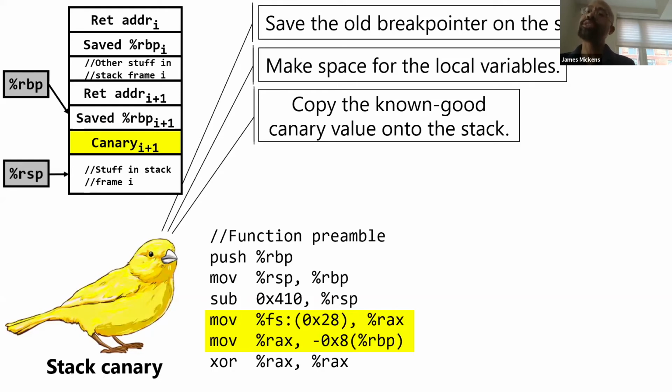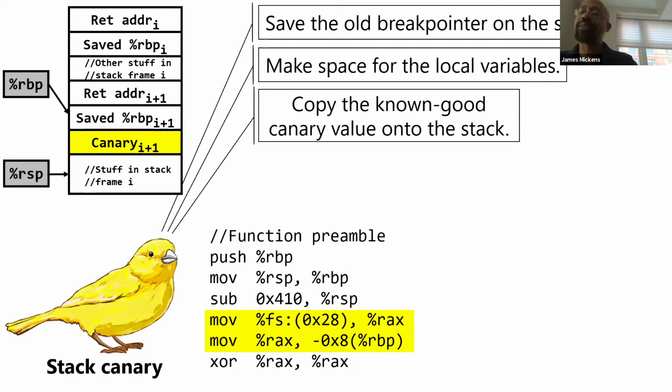Now, as it turns out though, the reason why we're using this weirdo notation here to load the canary, so this is a register, right? This means that even if you have a multi-threaded program, each one of those threads is going to have a different register set. And so this value of FS, which you can think of as the base for this base plus offset calculation, can be randomized, right?